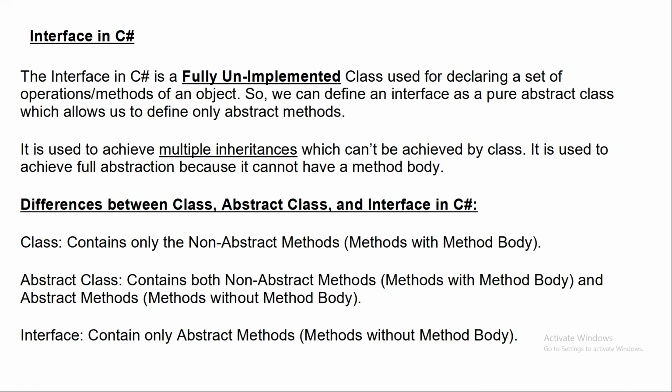But when it comes to an interface, everything should be abstract only. That means whatever functions you declare using an interface should contain only the declaration part, no implementation part. In an abstract class, you can have a non-abstract method which contains the implementation, and it can also have an abstract method which doesn't contain the implementation.